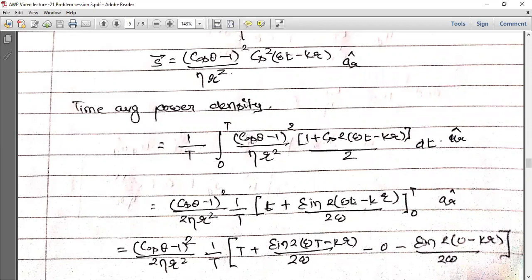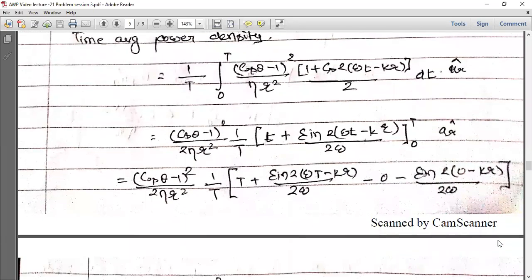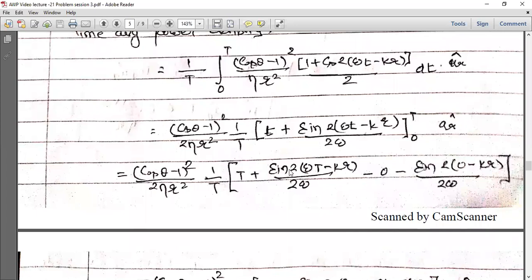When you substitute capital T here, you have sine of 2 omega capital T minus kr, minus, when you substitute t equals 0, sine of 2 into 0 minus kr. Now, what is omega? Omega is the angular frequency of the wave. What is T?